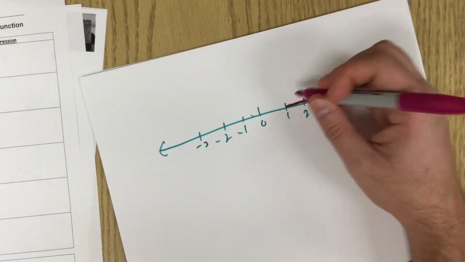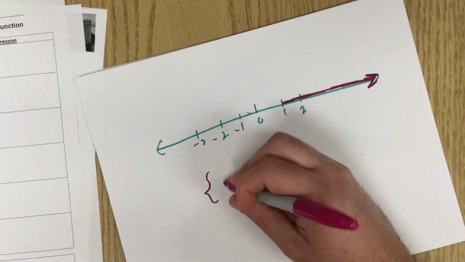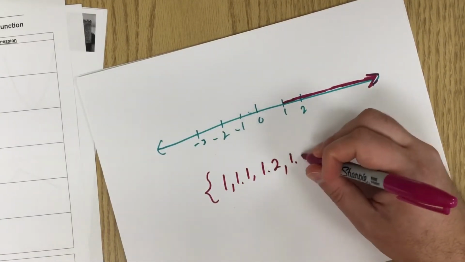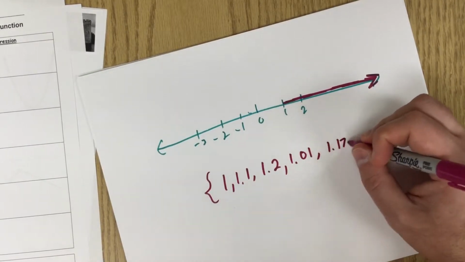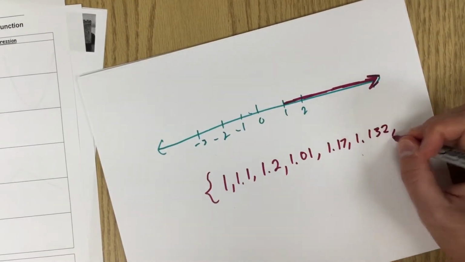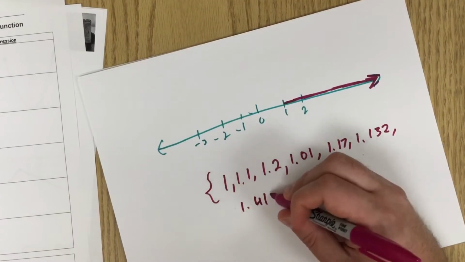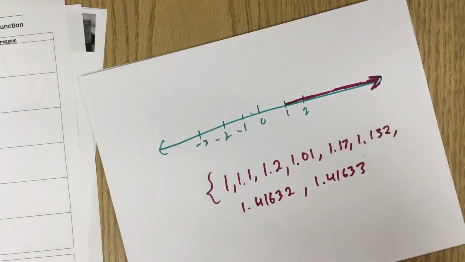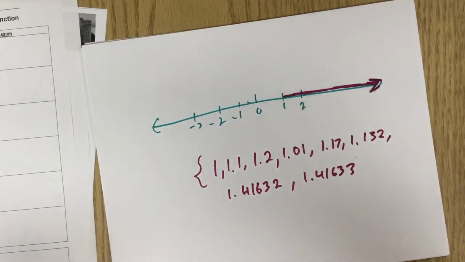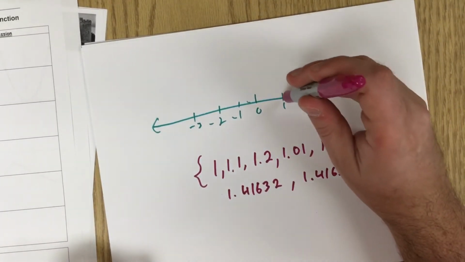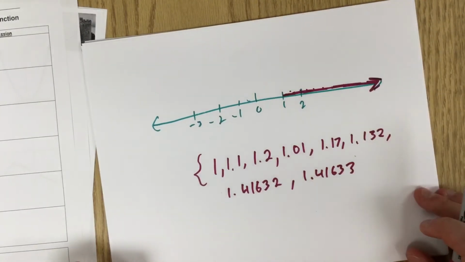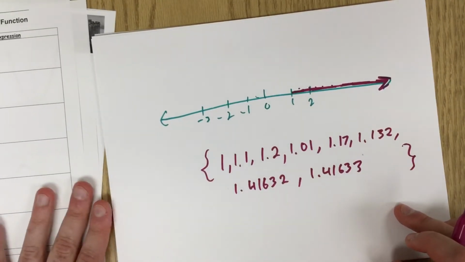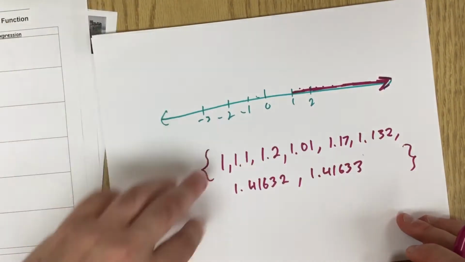The problem is if I try to list those numbers, we'd have 1, and then 1.1 and 1.2, and don't forget 1.01 and 1.17 and 1.132 and 1.41632 and 1.41633 and so forth. In fact, there's an infinite number of numbers above 1. So listing the numbers is not going to work. This is not a good plan, so we need another way of describing it.